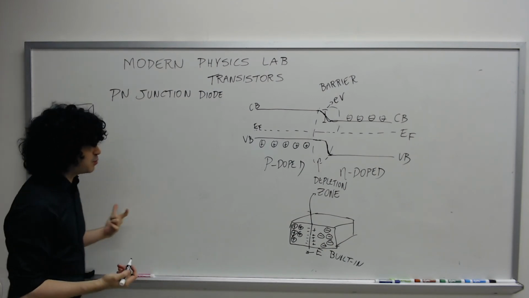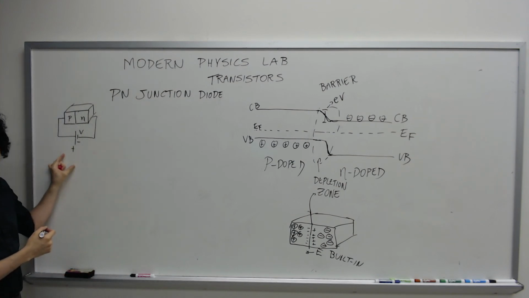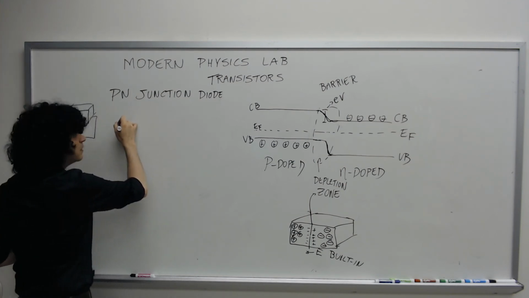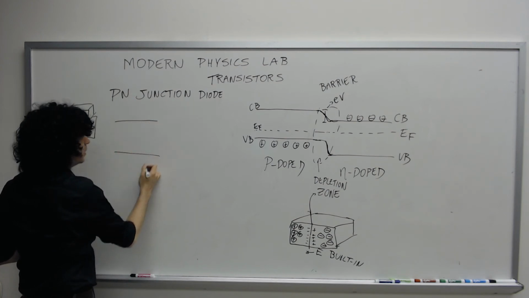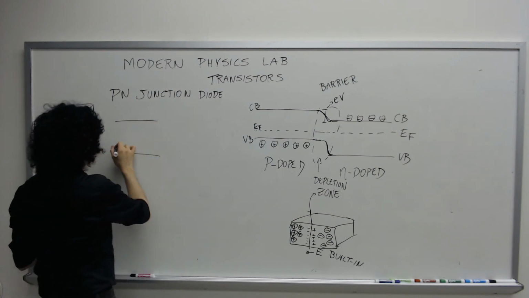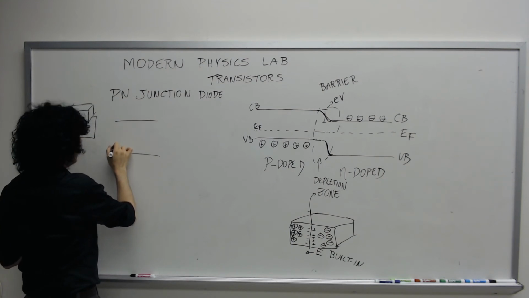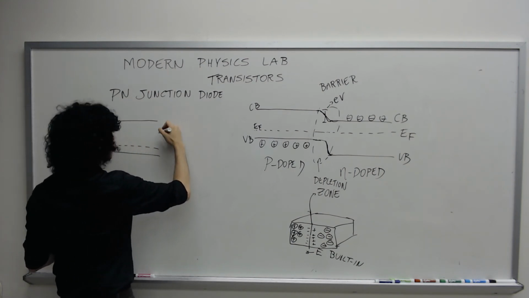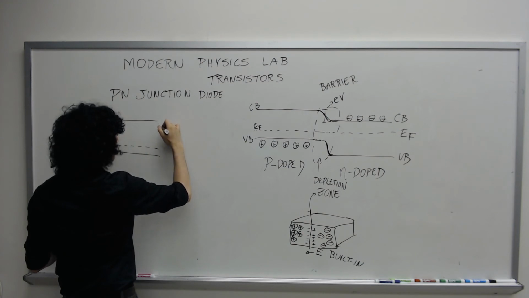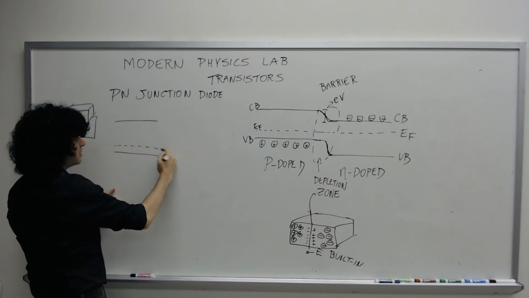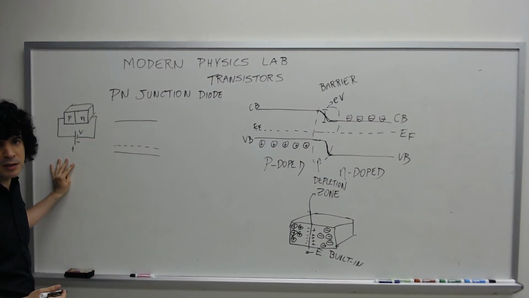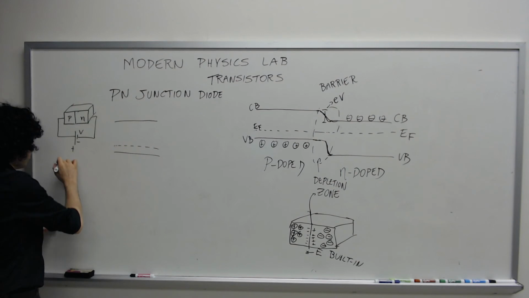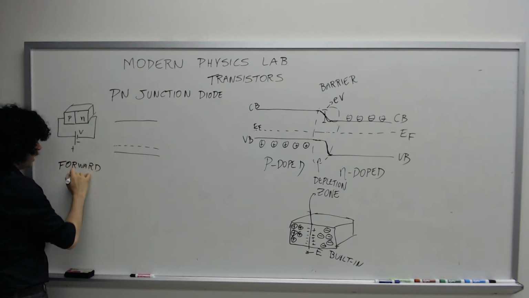What happens to the band structure when I apply this voltage? So in this case, I will be controlling the Fermi level. I will be injecting charges and also shifting the Fermi level. So the Fermi level will no longer be the same. So if you apply in this configuration, this is called a forward bias.